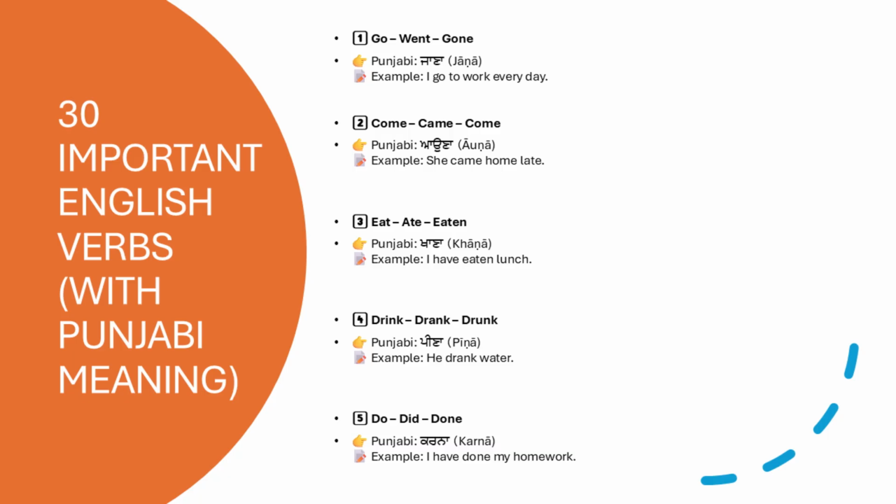And the fifth verb is do, which means karna. Do, did, done. Do is the base form, did is the past form, and done is the past participle. For example, I have done my homework.